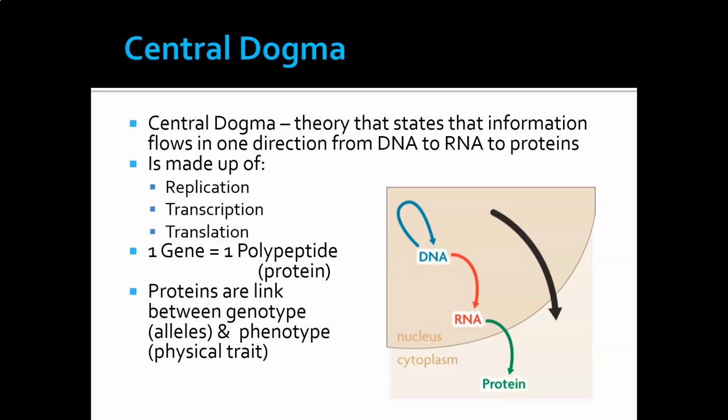So, when we look at the central dogma, it really is made up of three central processes in your cells. First and foremost, it's DNA replication, and we've already talked about this. How do your cells continue to make more copies of that genetic information so that when it goes to make the new cells, that new cell also has that same set of instructions? That's where the DNA replication occurs.